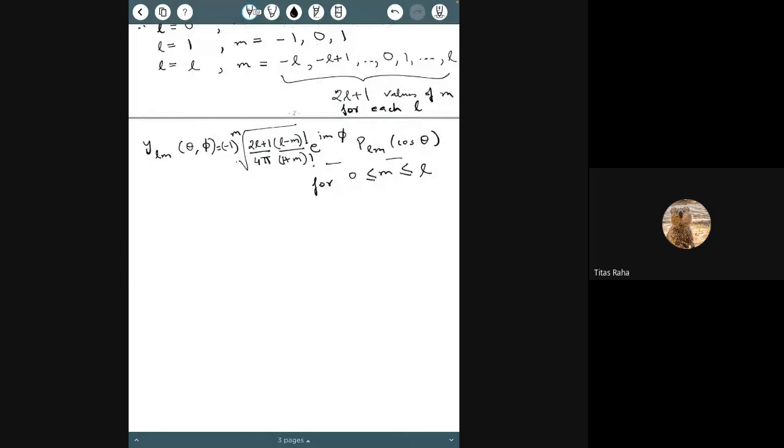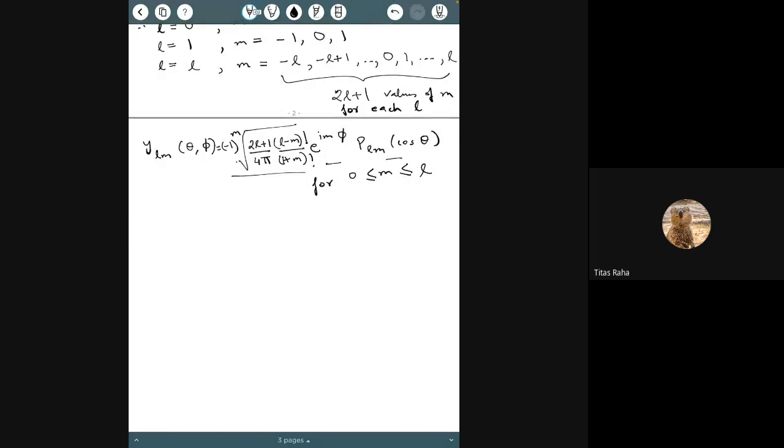When you normalize this, by normalization I mean phi goes from 0 to 2 pi and theta goes from 0 to pi, in that angular space you can normalize it, and this is the normalization constant you get.